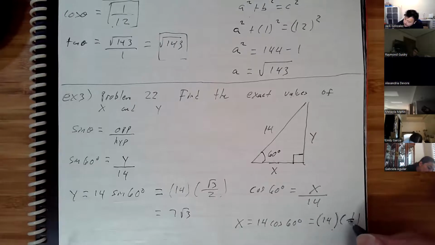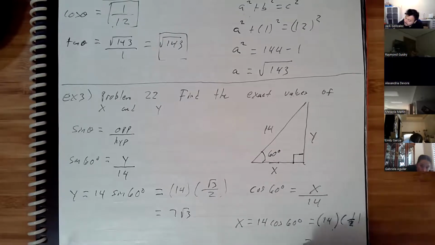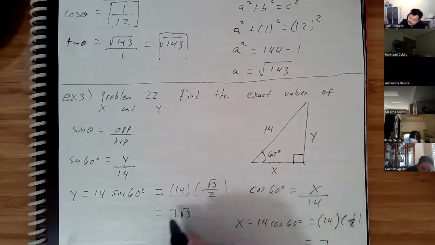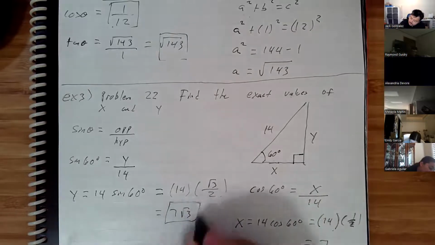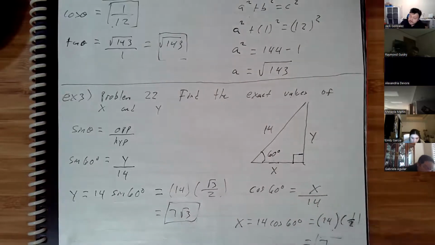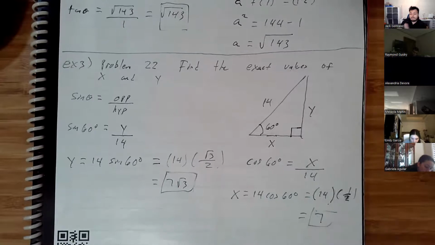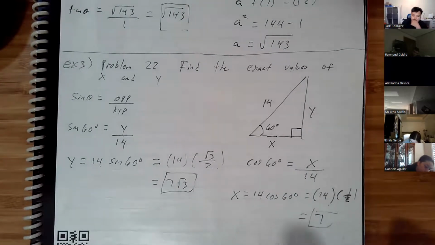One half times 14 obviously is 7. So there is my 2 missing sides. Is there any questions on any of these steps here? Does it make sense?